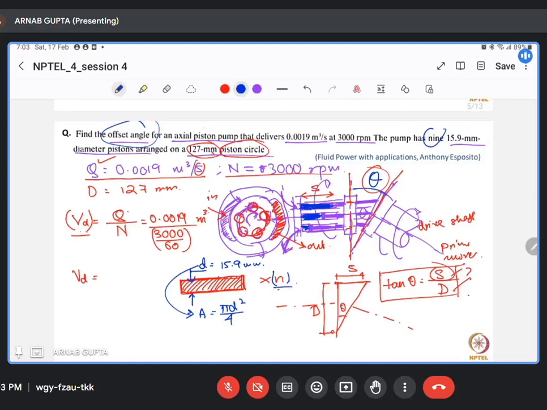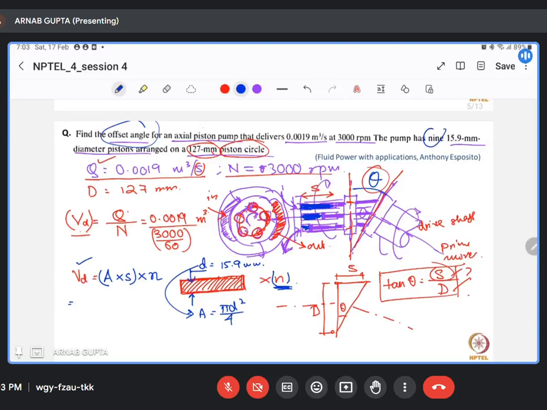When you multiply it with small n, you get the stroke volume for the entire system for n number of cylinders. So that is nothing but your displaced volume. Here, A into S multiplied by n is your total displaced volume.